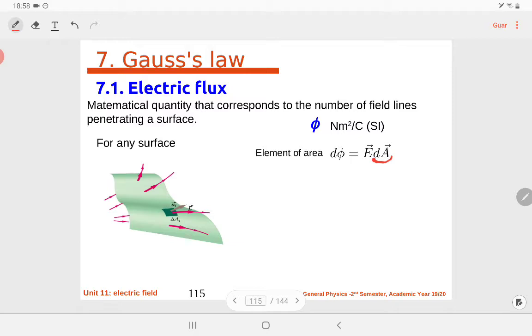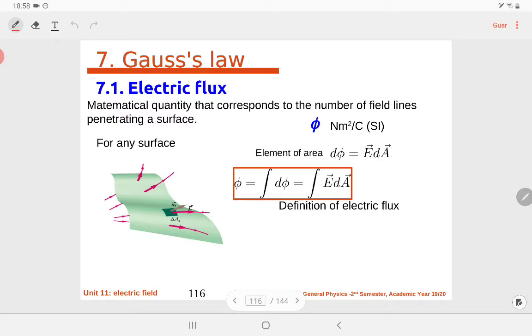We can say that the electric flux across that little element of surface is given by the differential of the electric flux, which is equal to the scalar product of the electric field times this differential area. If we want to know the total electric flux, we just have to integrate over the whole surface. This is the definition of the electric flux for any given surface.